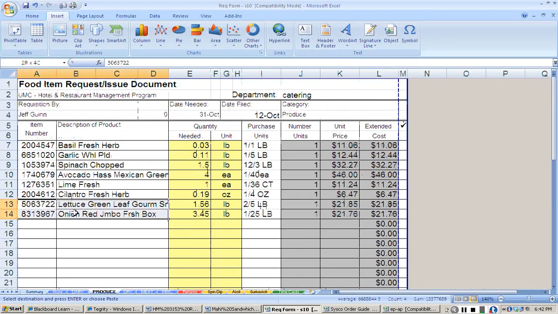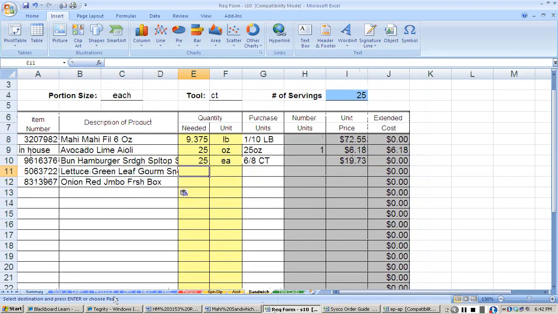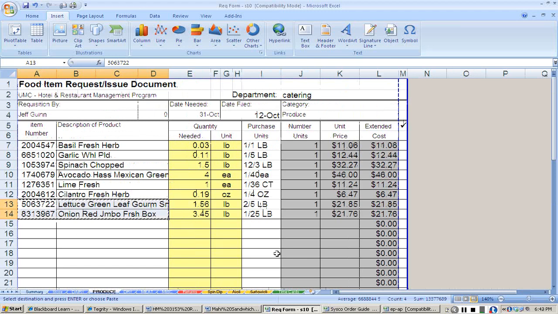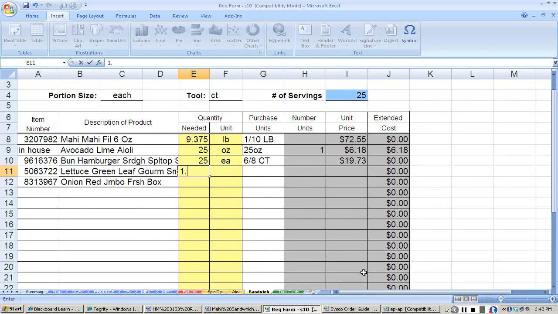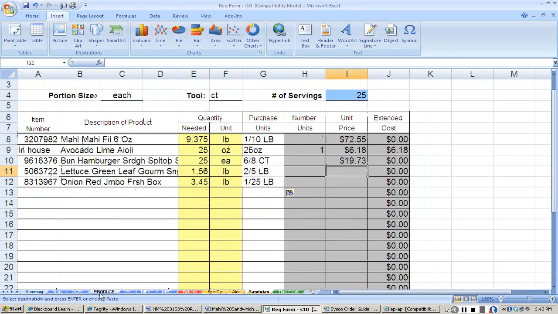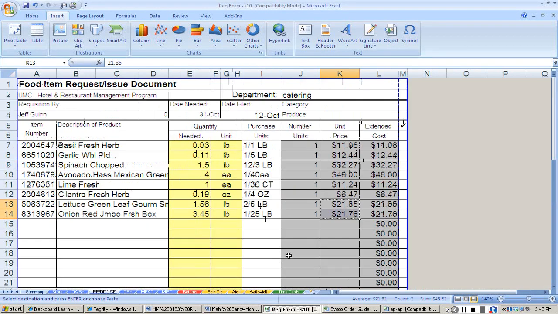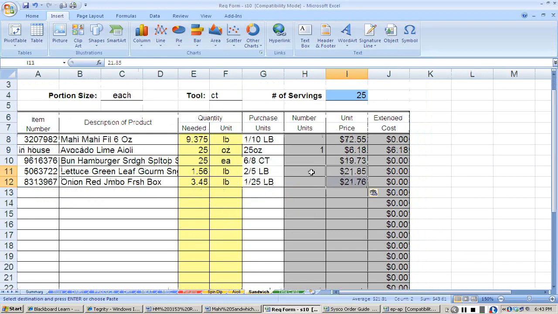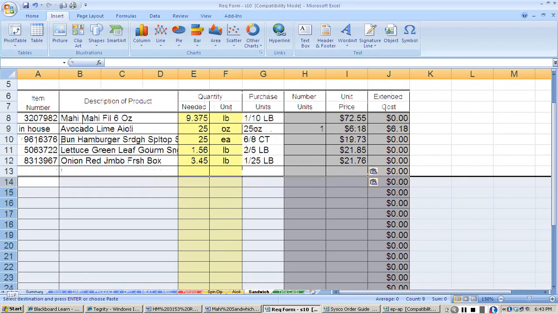And lettuce and onions, 1.56, 3.45 pounds. And the copy and paste. Alright. Go ahead and delete out some of these lines that we don't need in here. Get those deleted out.